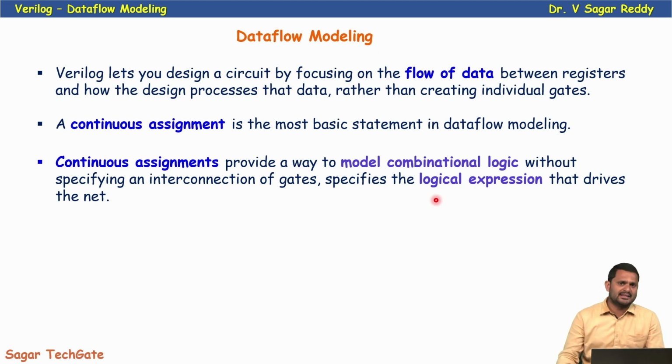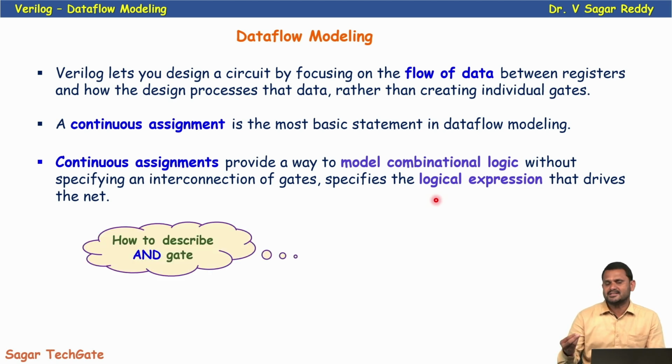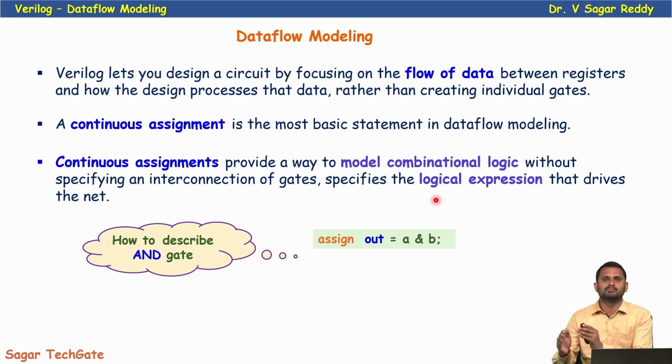For example, if you want to design a simple AND gate, how do you describe it in data flow modeling? By writing a simple continuous assignment statement: assign out = A & B. It doesn't matter how many gates there are, how they are interconnected, or what the internal structure of the circuit is. We just concentrate on how data flows from input to output, and how we process the data between signals. In the data flow modeling style, the operator acts upon the operands and provides a relationship between inputs and outputs.